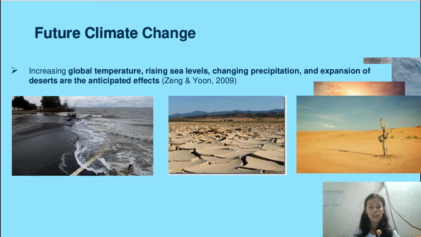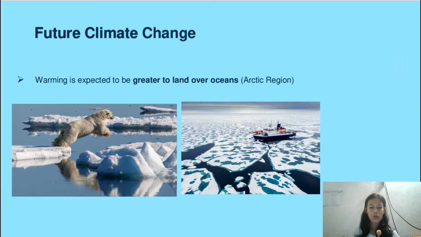The increase of desert area caused by displacement of heat is really alarming, as shown in the example picture: the expansion of deserts and the sea rising. Next, warming is expected to be greater over land than over ocean. As an example of this, the Arctic region is affected over the ocean surface.